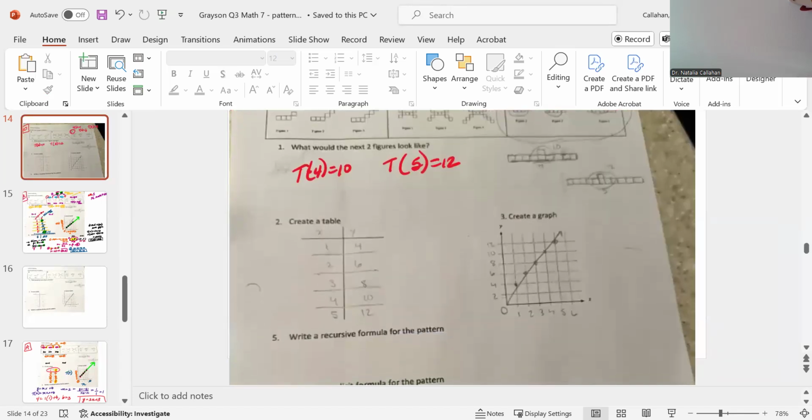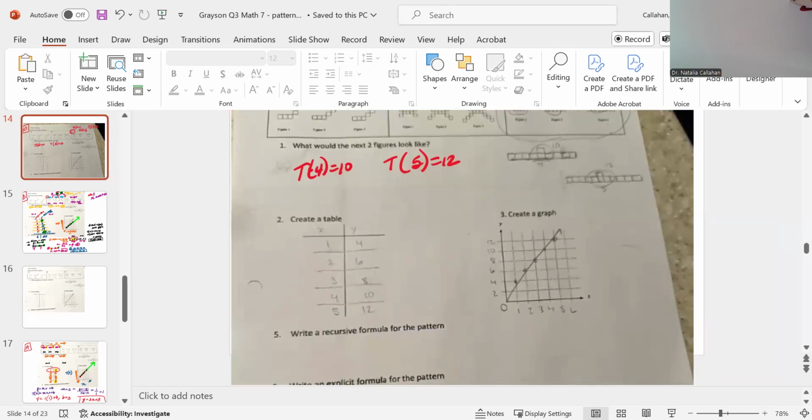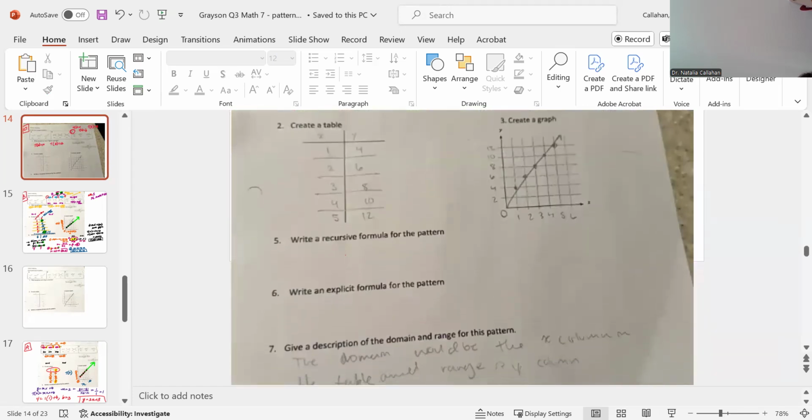Okay, create your table. Did you create your table? Okay, what's your equation? What's your m? 2. Okay, and what's your b? 2. Okay, so y equals 2x plus 2. What's t of 50 then? 40.